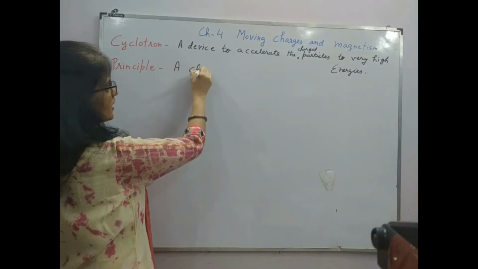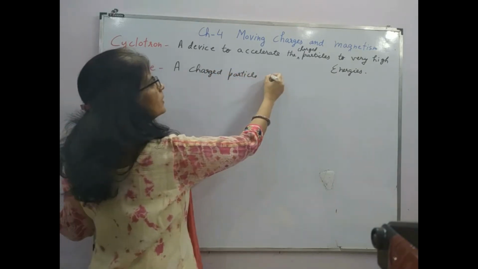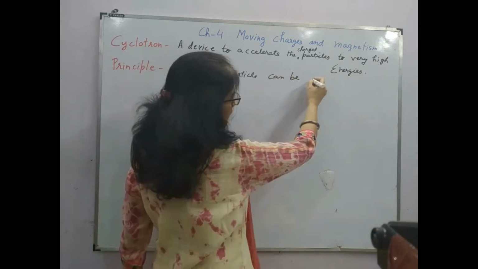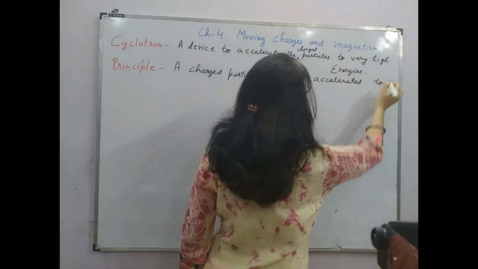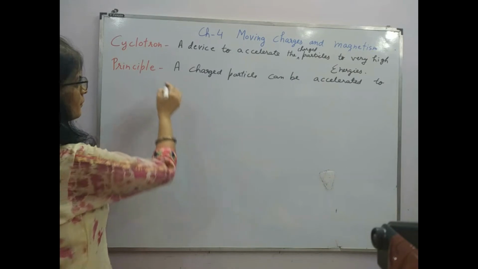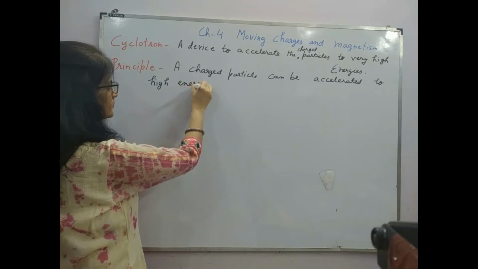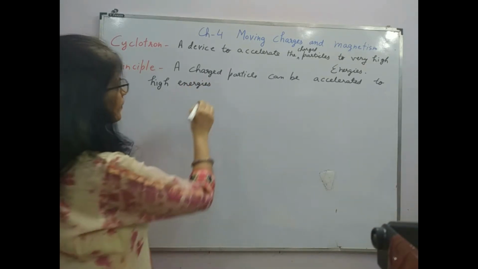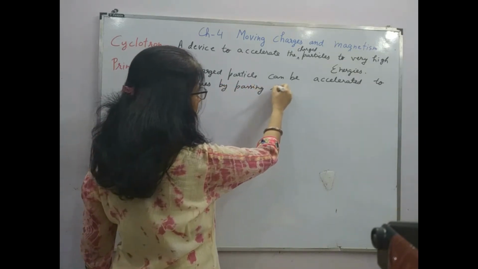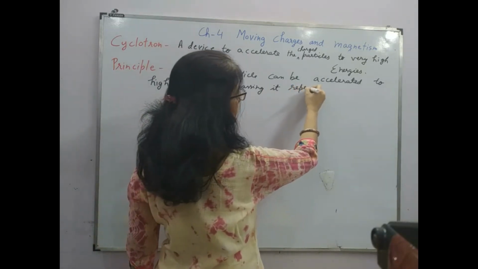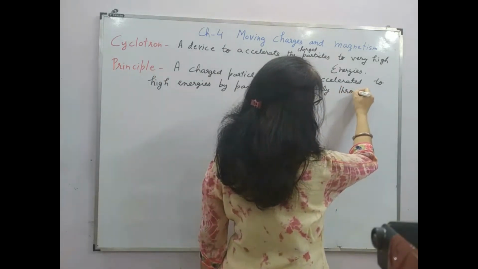So the principle is a charged particle can be accelerated to high energies by passing it repeatedly through a moderate electric field.